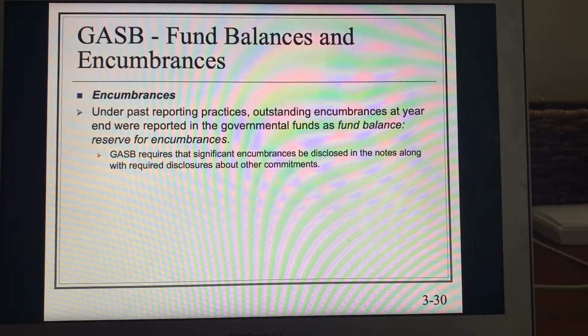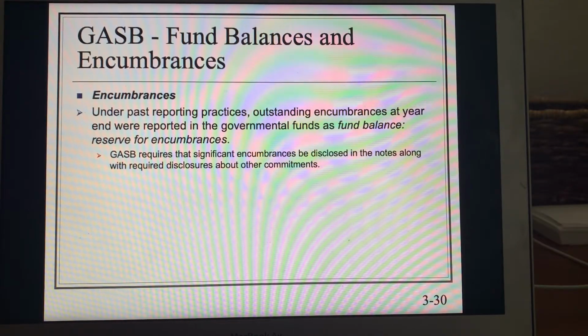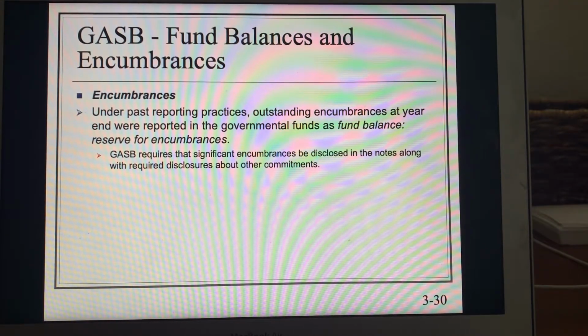So, GASB fund balances and encumbrances. Under past reporting practices, outstanding encumbrances at year-end were reported in governmental funds as fund balance, a reserve for encumbrances. GASB requires that significant encumbrances be disclosed in the notes along with required disclosures about other commitments.